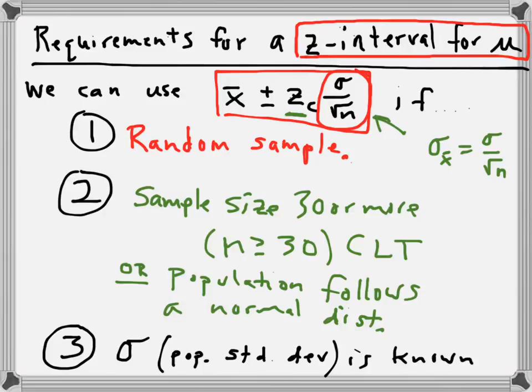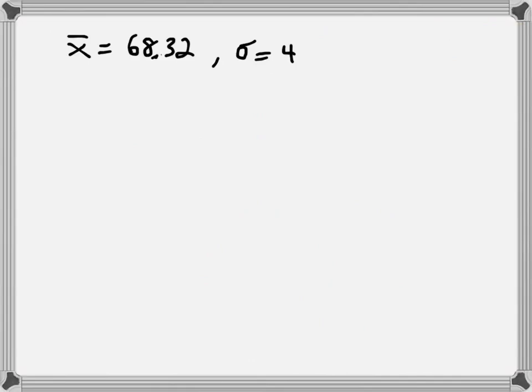And in reality, this is kind of a rare case. Why do I know the standard deviation of the population but not the actual mean of this population? Because that's what I'm trying to estimate, right? How do I know the standard deviation but not the mean? It's not impossible, but we'll have a better idea of that in the next section, 6.2, when we don't know the standard deviation of the population, which is more often the case.